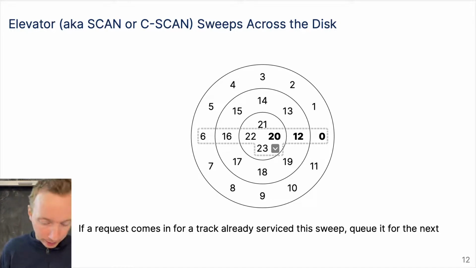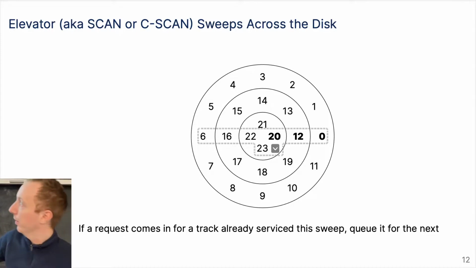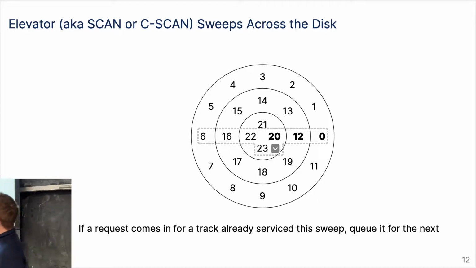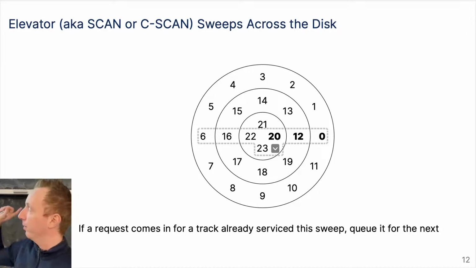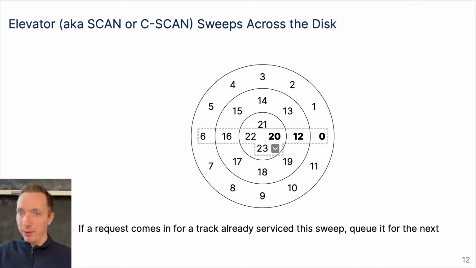If I do 0, then 6, I have to spin this thing 180, read 6, and then spin it 180 again to get all the way back to 12. Instead I could have just gone 0, 12, 20 without spinning, without having to wait for it at all, essentially if they were lined up, and then I just move the head while it's rotating 180 degrees and pick off the 6.